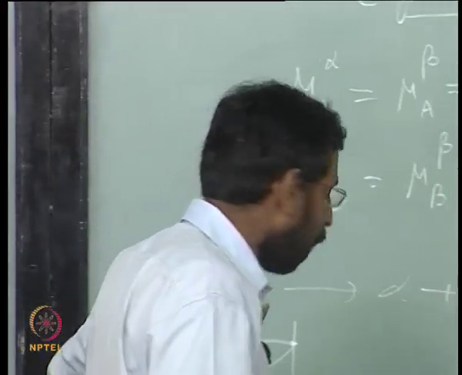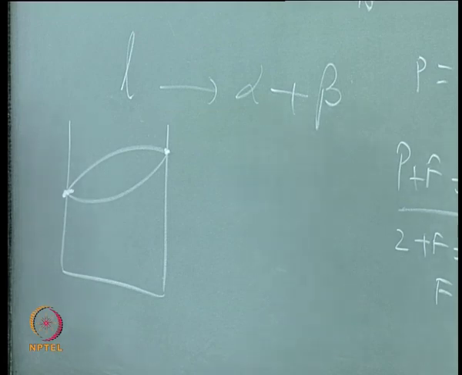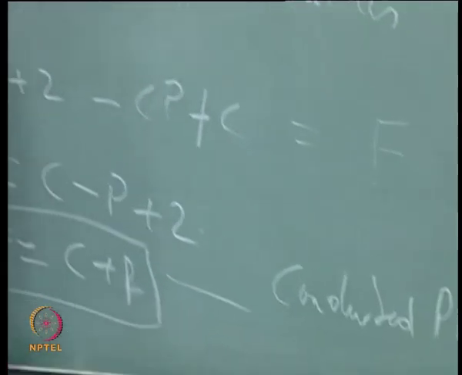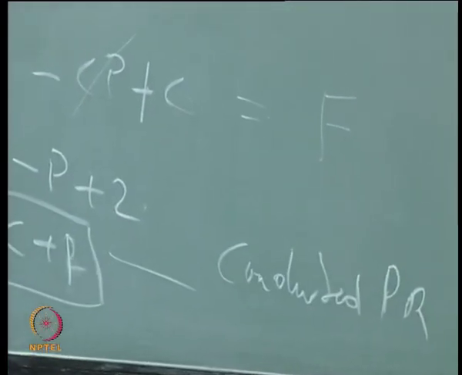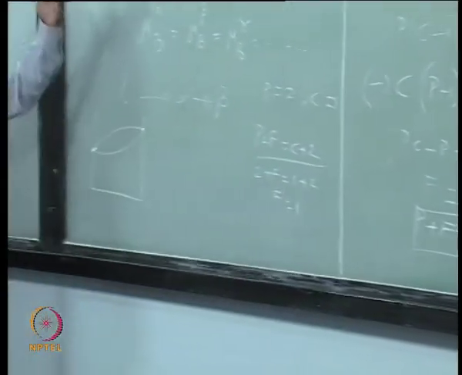When we are talking about an isomorphous diagram of metals melting or solidifying, we always keep the pressure constant. This diagram has come only when you have fixed the pressure; this is at atmospheric pressure. If I vary the pressure, then this diagram changes.